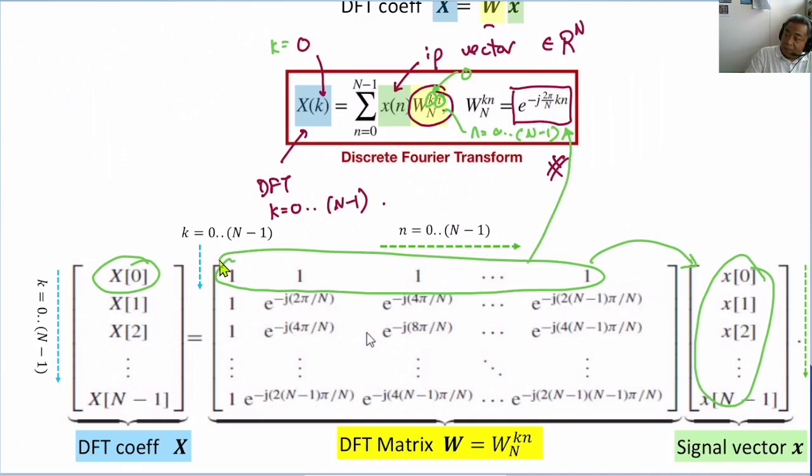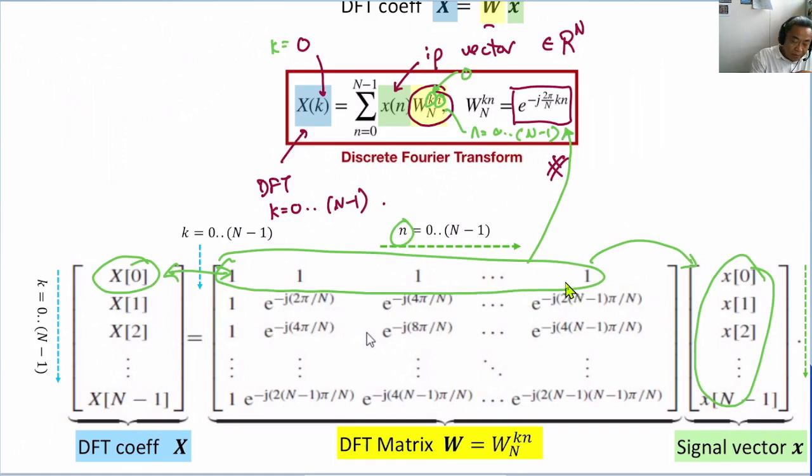And you will realize that as we move along this row from left to right, we are moving along the letter n. Because this is the kth row, the k equals 0 row, the k equals 1 row, k equals 2 row. So each row of this matrix represents different values of k. The columns, as we are moving from left to right, move along letter n.